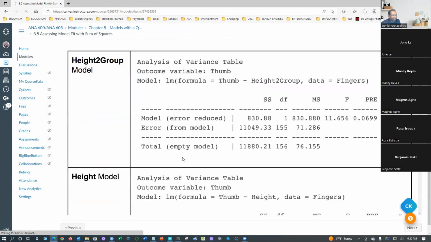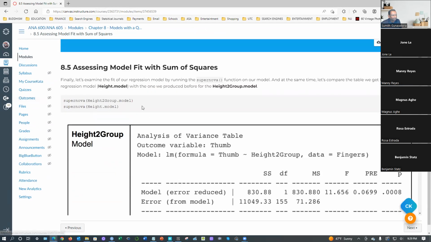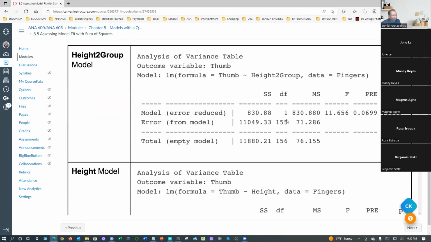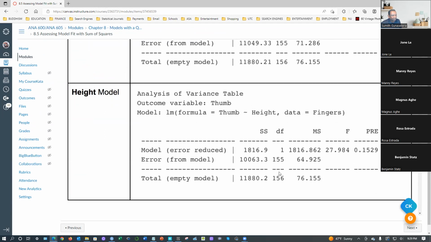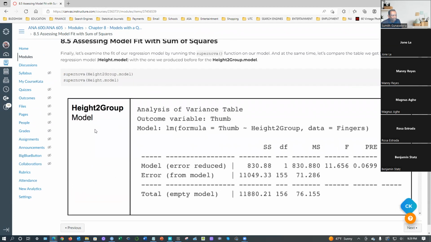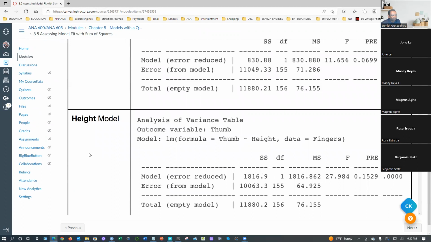Later on they get that, and then they run supernova for the height model, supernova for the categorical model. Categorical model, height model. You have another model, the empty model, the height to group model, the height model.